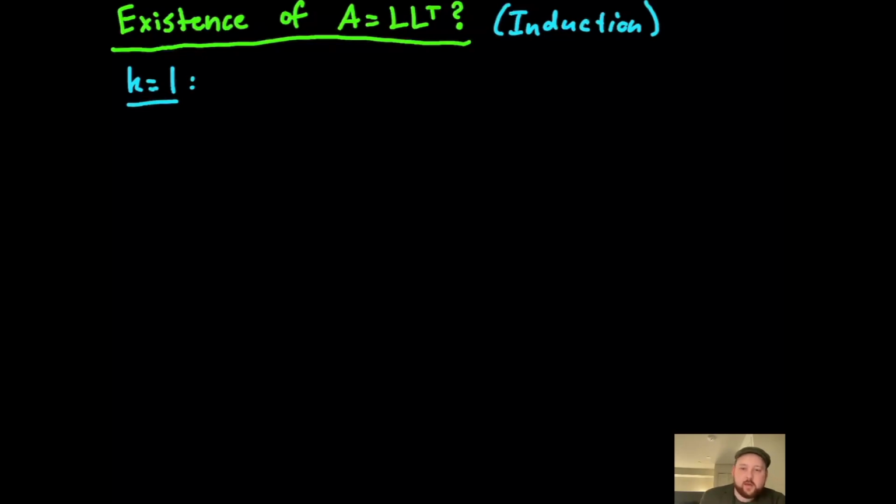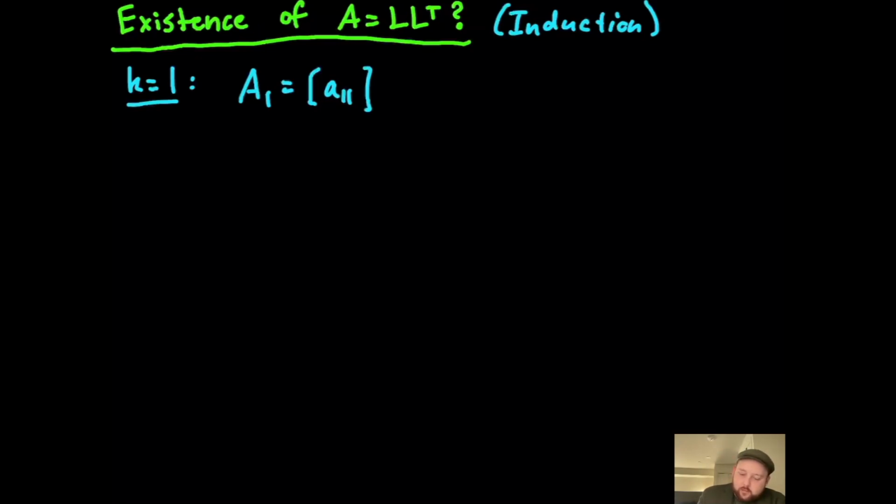I'm going to consider the case k equals 1. And what I'm going to do here is consider that leading principal submatrix A1. So here, this A1 is going to be just the 1-by-1 matrix formed by just taking the upper left corner entry of A, because that's the first leading principal submatrix. And note that this is just a scalar, but I can view it as a 1-by-1 matrix.